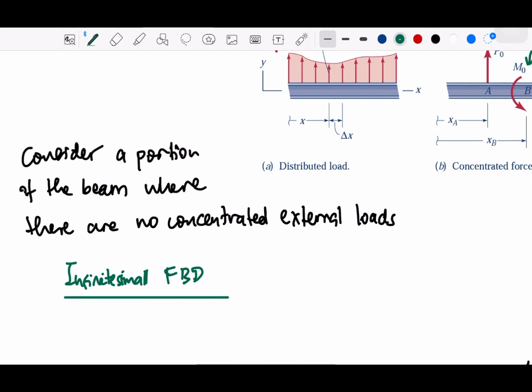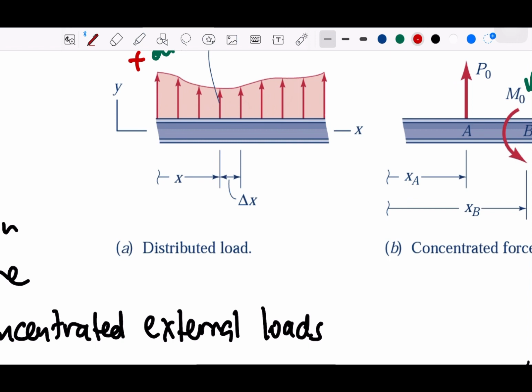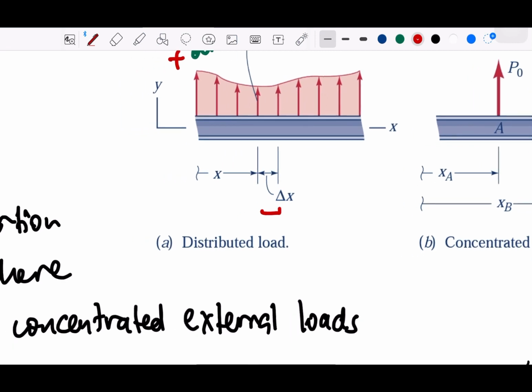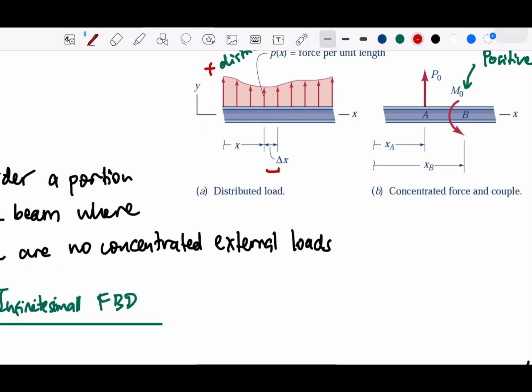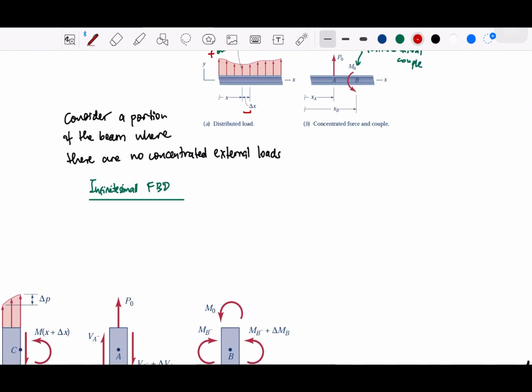So let's take the delta x here as our segment. So taking that from x to x plus delta x, and we redraw this, and then it becomes this one here.